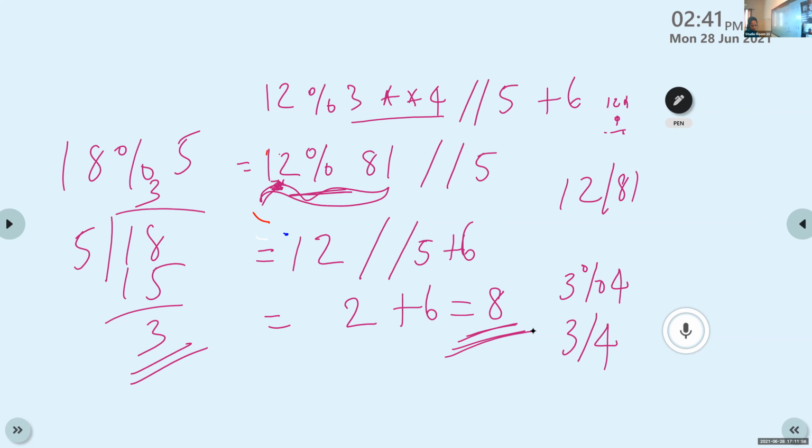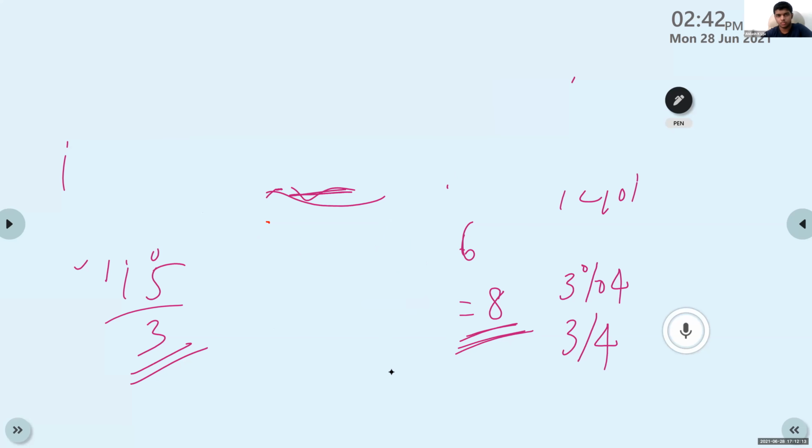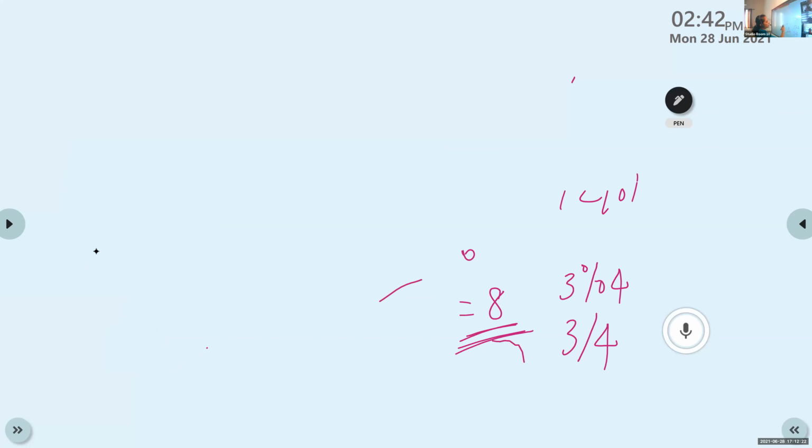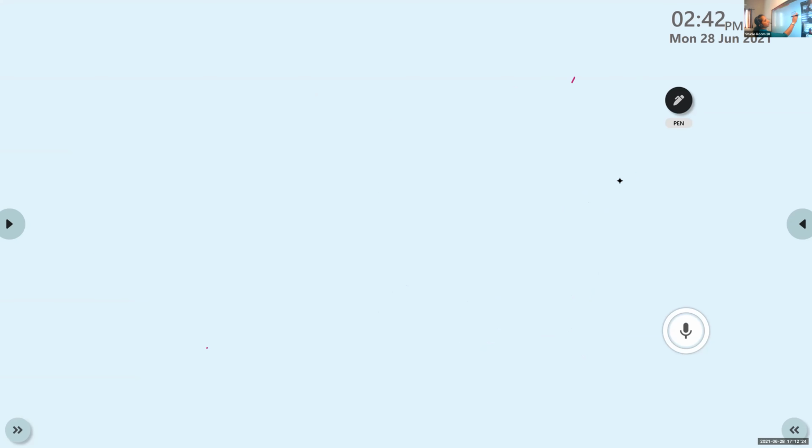Okay. So the arithmetic operator concept is clear for you? Any doubt regarding the arithmetic operators? No, ma'am. Okay.